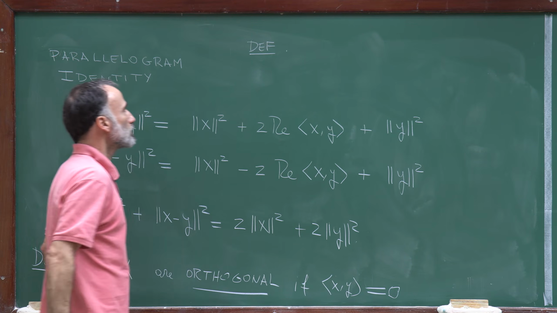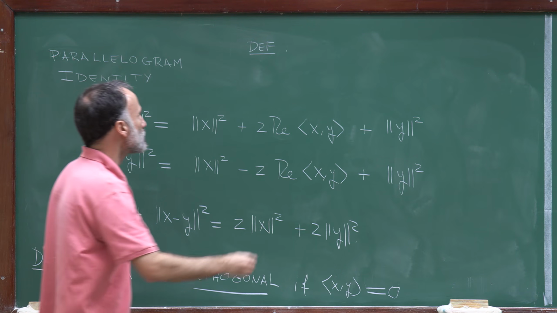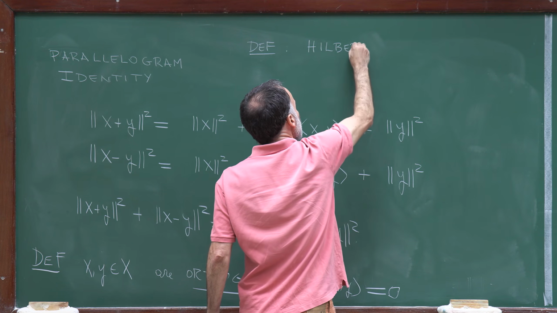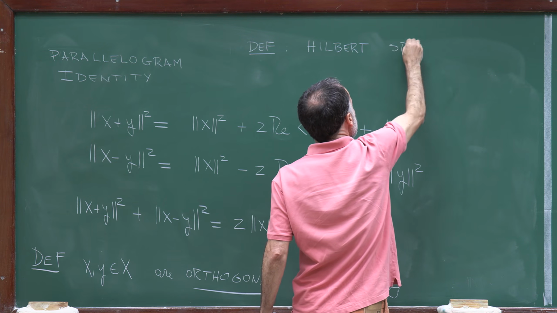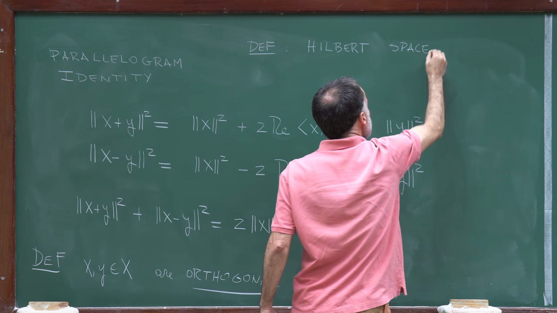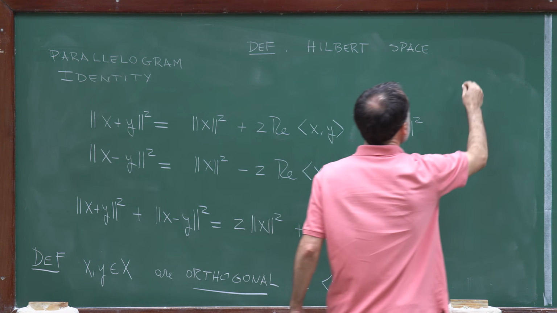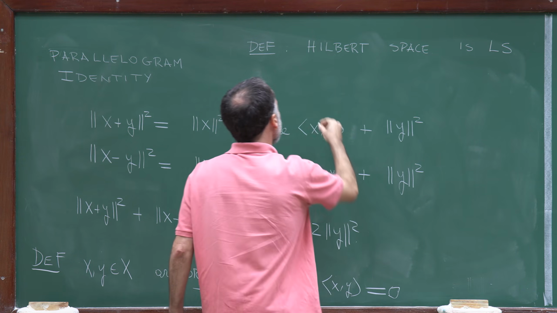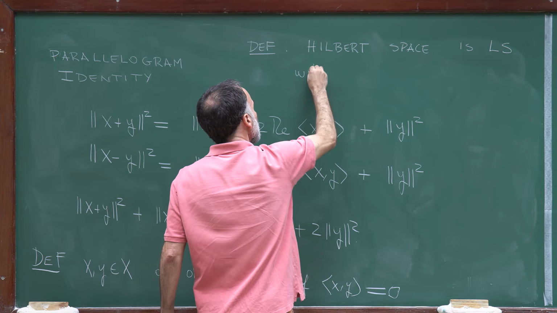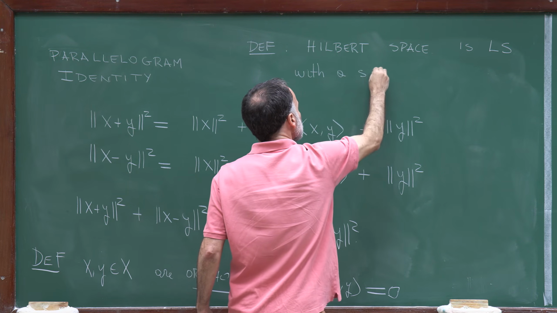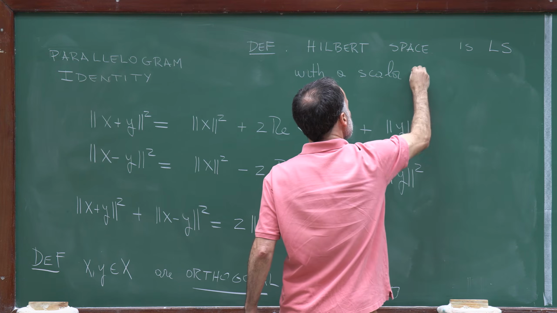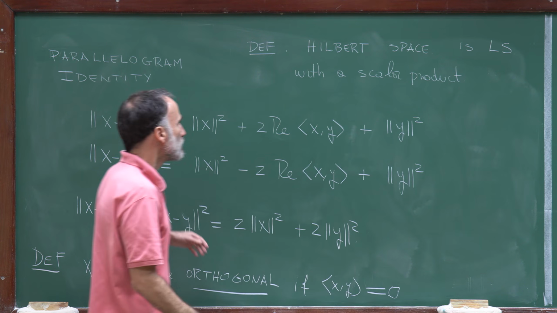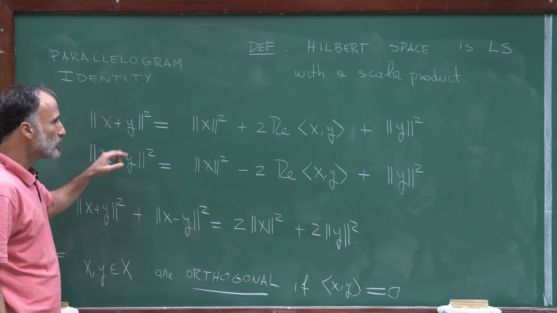And with that, let me use the space of the blackboard to define the Hilbert spaces. So a Hilbert space will be a linear space with a scalar product, and if it has a scalar product, it has a norm.